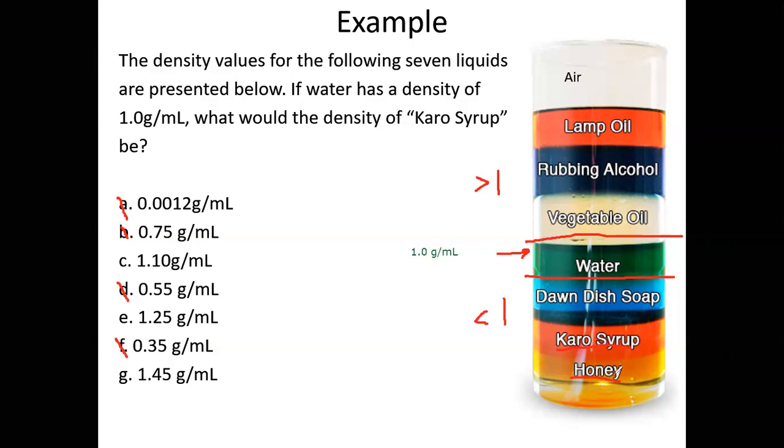Since honey has the highest density, it would not be G, because G is the highest density. Next, we have to decide between the density of the dish soap and the syrup. Since the dish soap is above the syrup, the dish soap would be less dense than the syrup. So therefore, the density of the syrup would be 1.25. And we were able to deduce that based on knowing that water is 1 gram per milliliter.